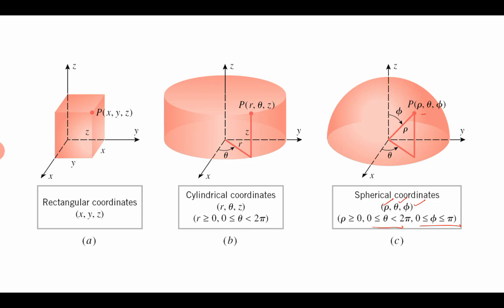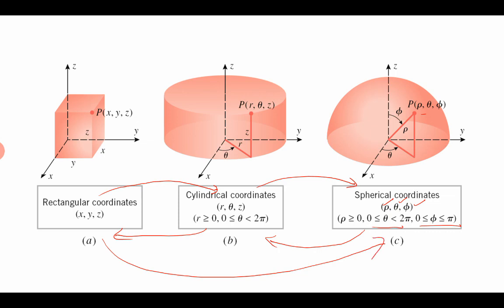Now we are going to derive the formulas for the conversions from rectangular to cylindrical and from cylindrical to rectangular, and again from cylindrical to spherical and spherical to cylindrical. Finally, rectangular to spherical, and then from spherical to rectangular.